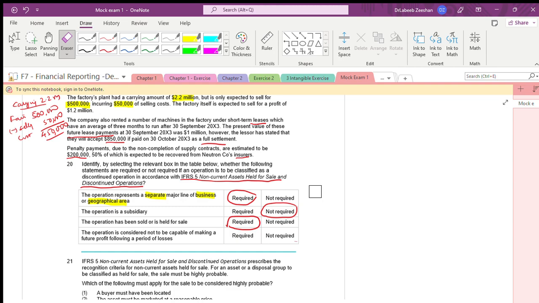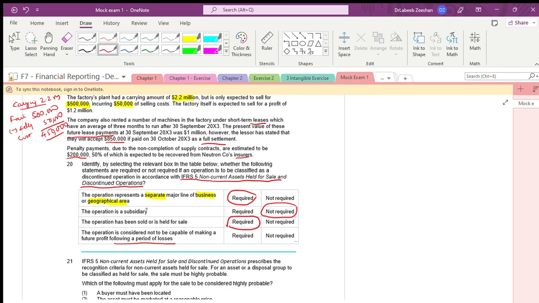Next. The operation is considered not to be capable of making profit following a period of losses. Means once you are going to hold non-current assets for sale, you are selling the company, you are selling the assets, is it right?